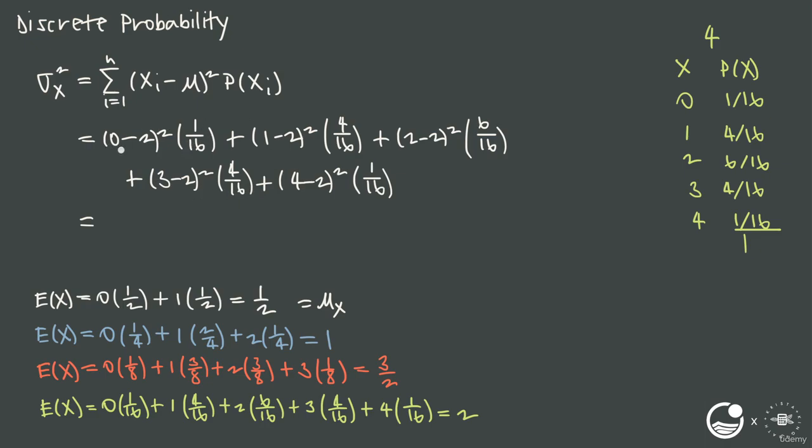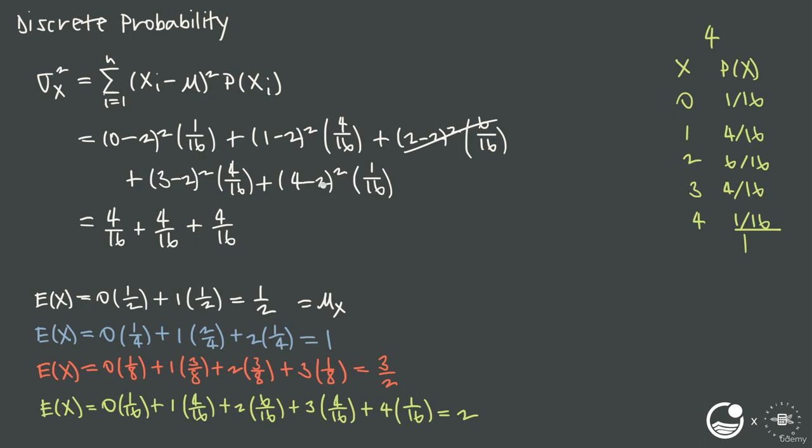And when we actually do this here, we get negative 2 quantity squared is 4. 4 times 1 over 16 is 4 over 16. 1 minus 2 is a negative 1. Quantity squared is positive 1. So plus 4 over 16. 2 minus 2 is 0, so that whole term is going to drop away. 3 minus 2 is 1, squared is 1, times 4 over 16 is 4 over 16.